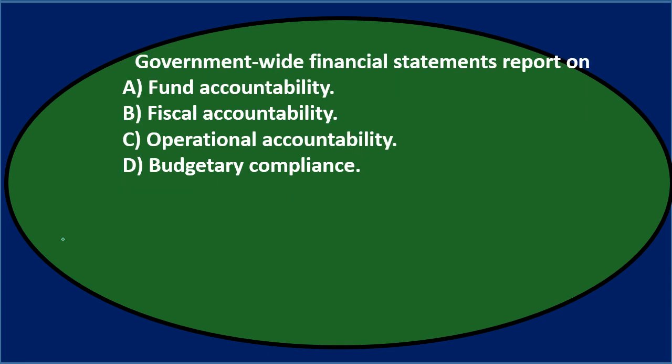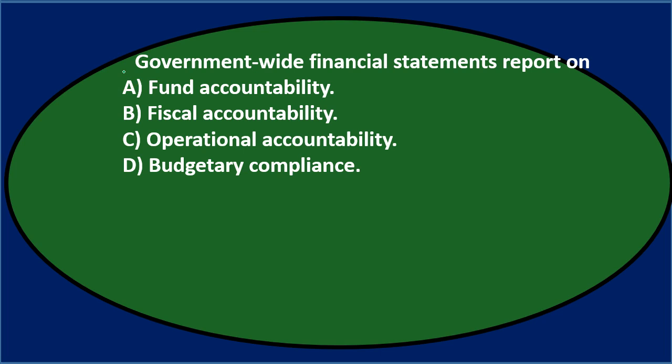Next question: government-wide financial statements report on A, fund accountability, B, fiscal accountability, C, operational accountability, or D, budgetary compliance. Let's go through this again using the process of elimination. Note we have government-wide. Whenever you see government-wide, you're comparing and contrasting it to the funds.